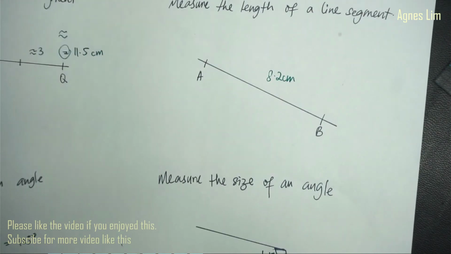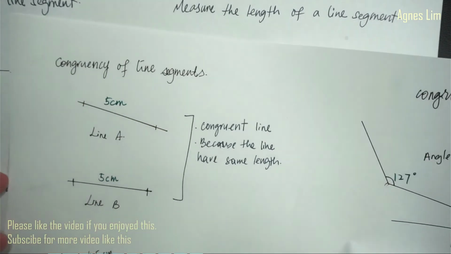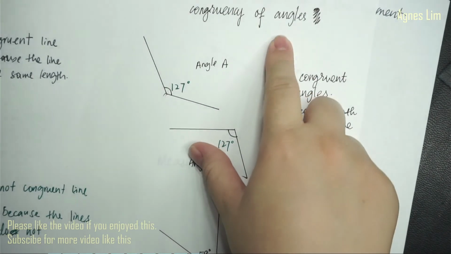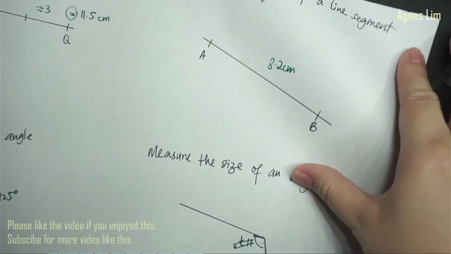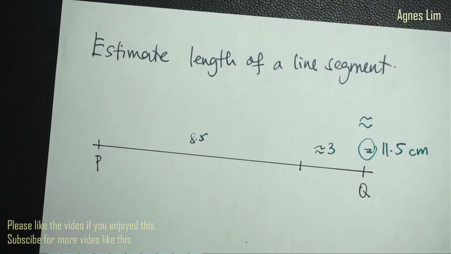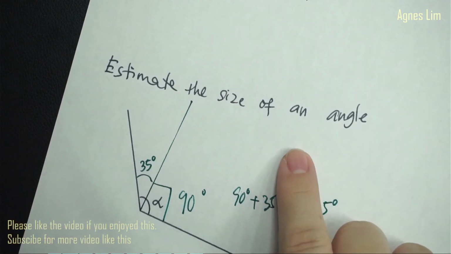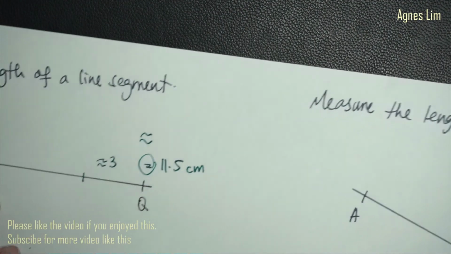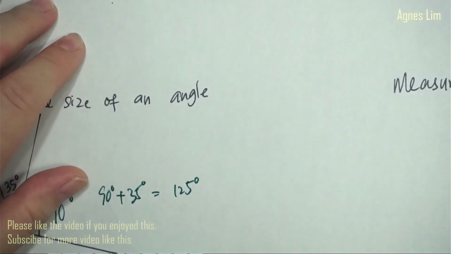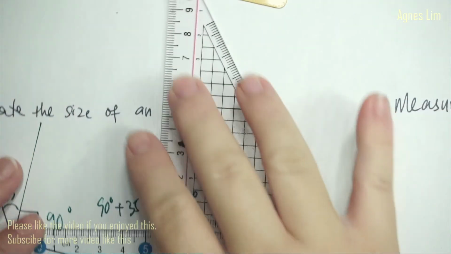Number 1, what is congruent? We got congruent line, not congruent line, and congruent angles, as well as how to estimate from the line segment, estimate from the angle using items around the house, as well as for angle will be a straight line and a right angle triangle.